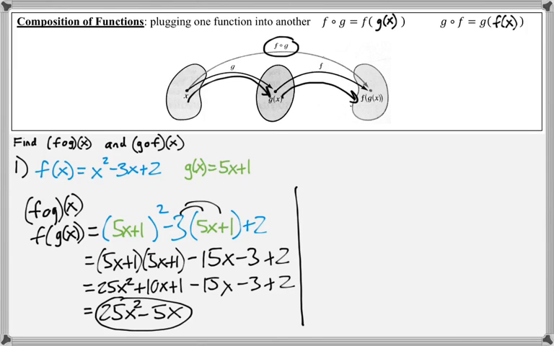Next I want to do goff. Or you can write it like this. We are plugging in the f function into the g function. So this is really the reverse of what we've been doing. I want to write the g function, but I'm going to put an open parentheses where I see the x, and then I'm going to plug in the f function.